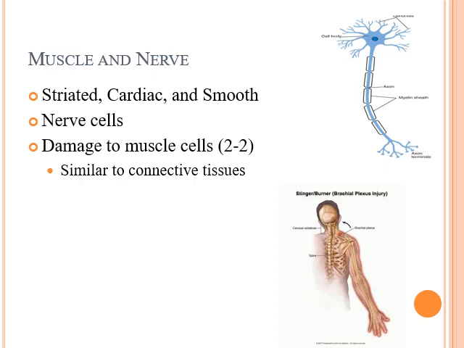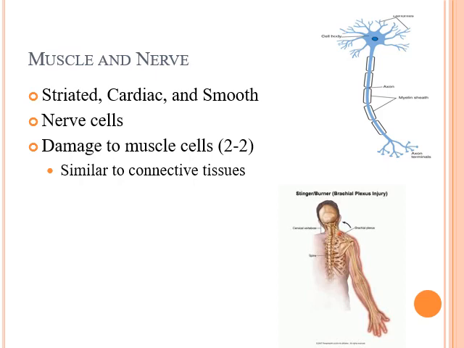So it's going to follow a similar healing process, but the ramifications are going to be much different. If you strain your hamstring and have maybe a slight tear, as it heals, the impact on your body is going to be much different than if you have damage to an internal organ made up of smooth muscle.